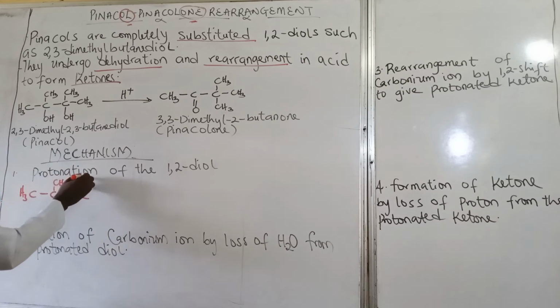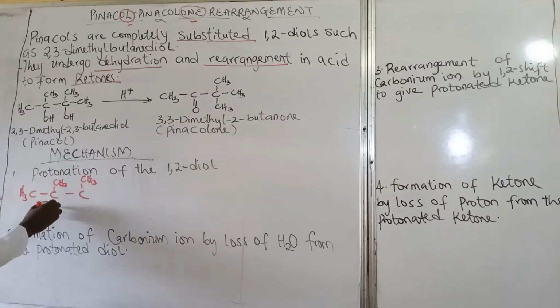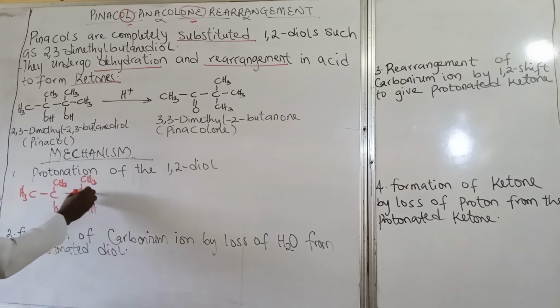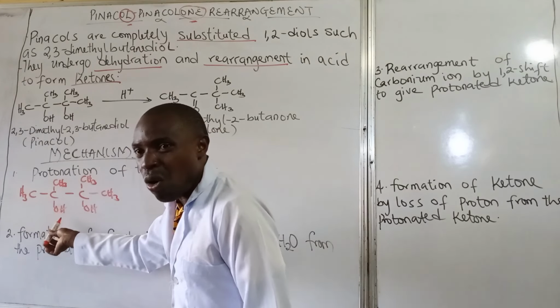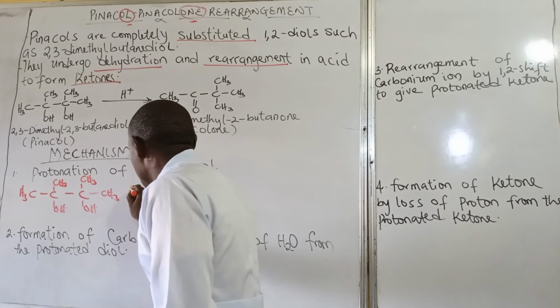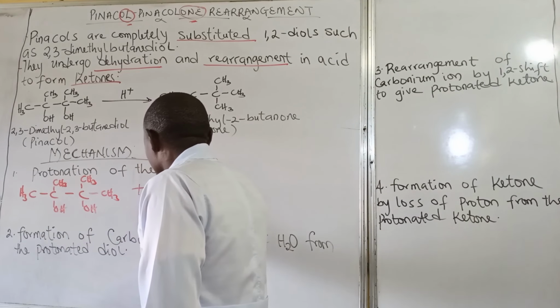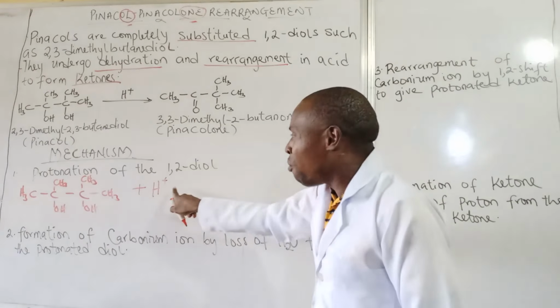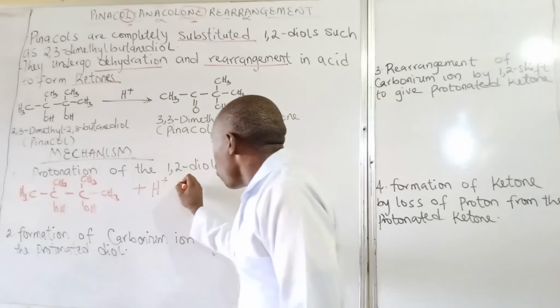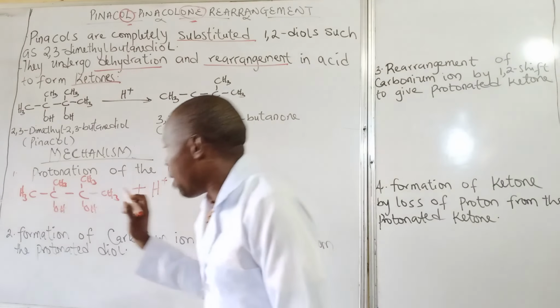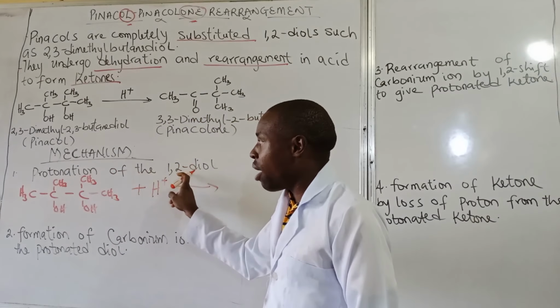Please take note of how the reaction mechanism should be. Now, this is what we call the pinacol. So in the presence of the acidic medium that will donate a proton, what will happen? Remember, the first step is protonation of the 1,2-diol.